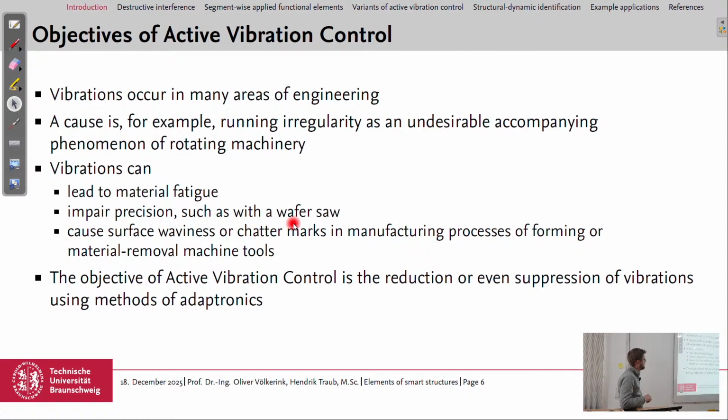If we look at very high precision devices, such as wafer saws, for example, and they could also cause surface waviness and chatter marks in manufacturing processes when we use material removal machine tools. And the objective in general is the reduction or even the total suppression of these vibrations using methods of adaptronics or smart structures.